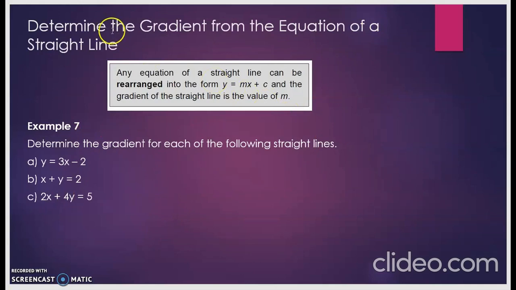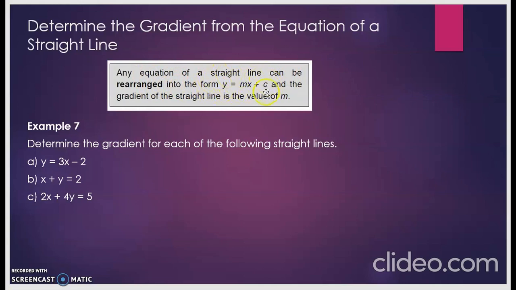Next, determine the gradient from the equation of the straight line. So given a straight line or the equation of a straight line, we try to determine the gradient or the slope. Any equation of a straight line can be rearranged into the form of y is equal to mx plus c.